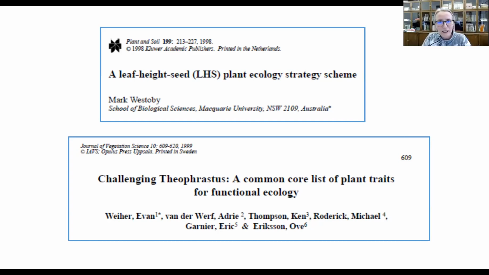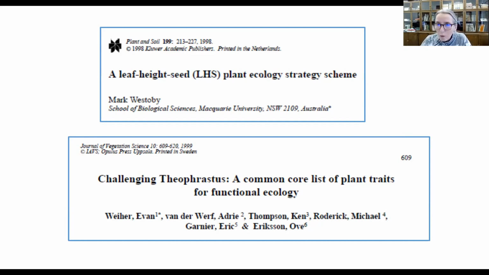And these papers, independently of each other, established functional ecology as we know it now, formalized this approach to use some plant traits or plant groups for comparison and for studying plant strategies.